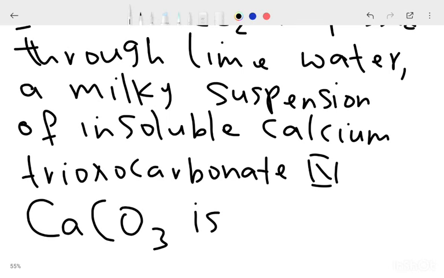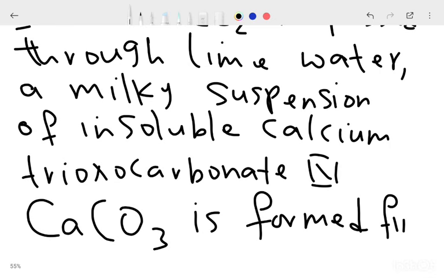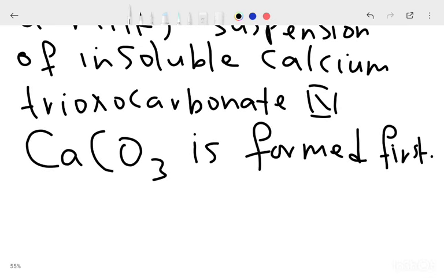Calcium trioxocarbonate(IV) is formed first. Okay. Full stop.